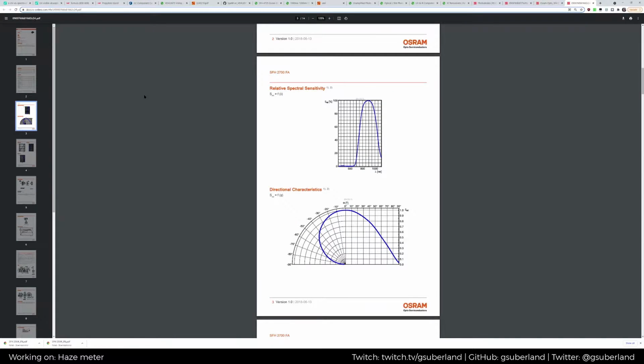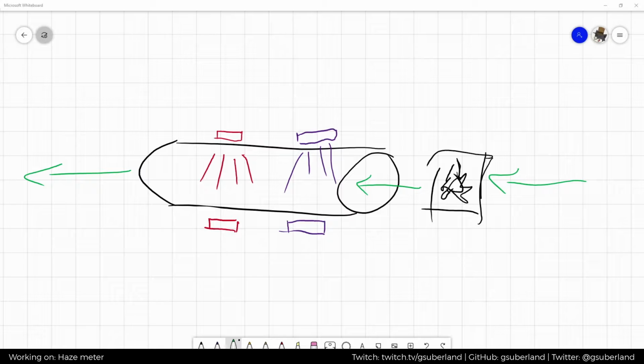What I will probably end up doing as well as this, if I just switch back to the drawing, is having a normal emitter here, and then a standard light level sensor. So this will be like a white LED or something like that, probably, and then just a standard light level sensor. And the idea is that one LED will turn on.